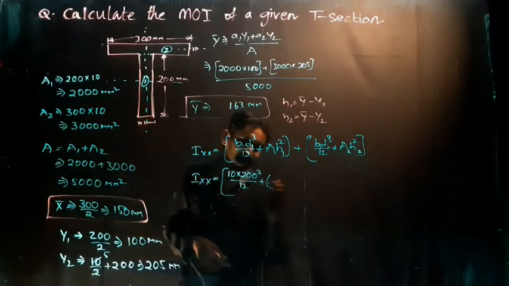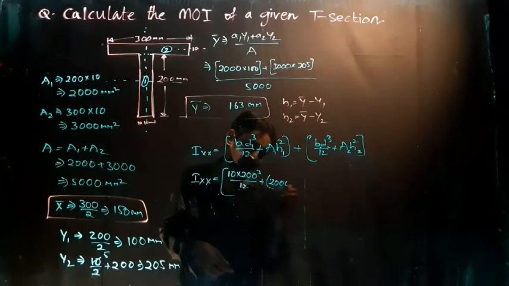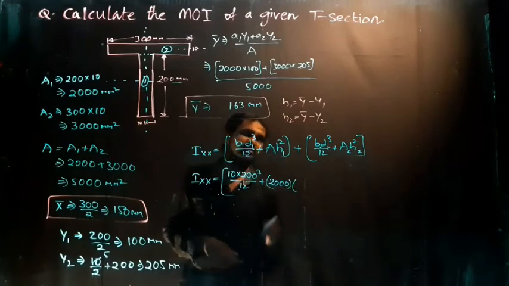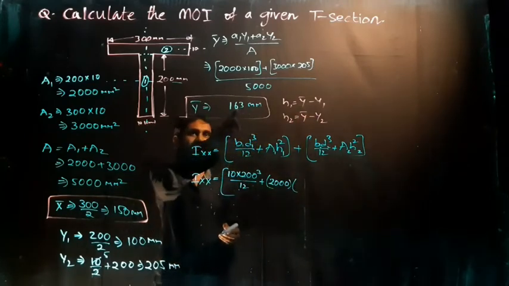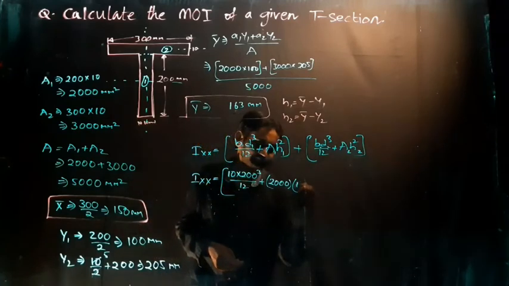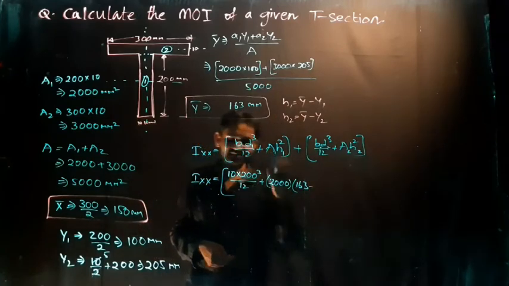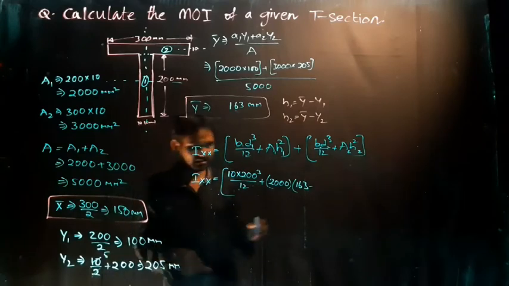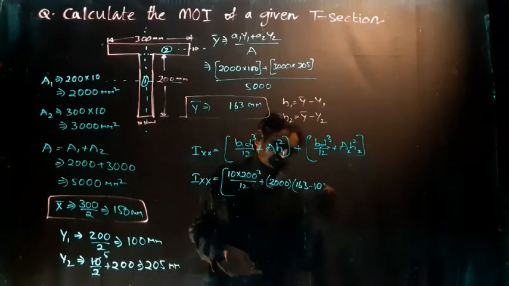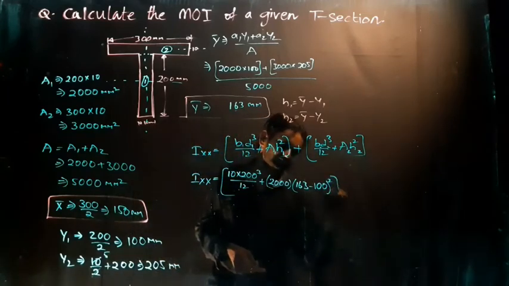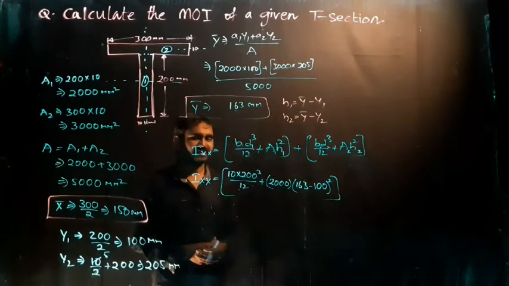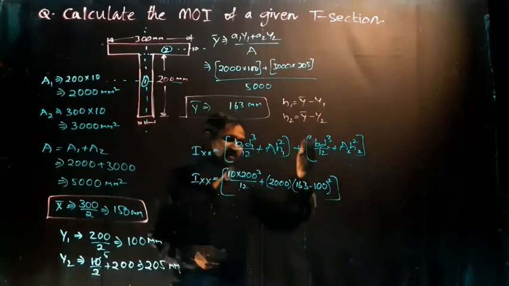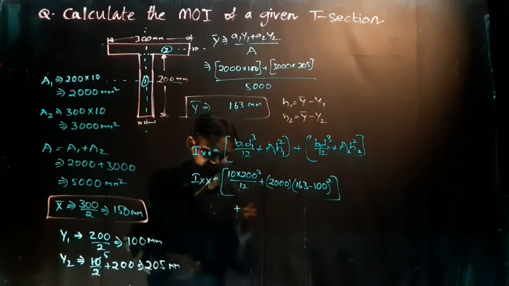It is 2000 into H1, in the sense y bar minus y1. Y bar is 163 minus y1 is 100, whole square. Like this I have to substitute the values. Similarly I should substitute the values of y2 also.